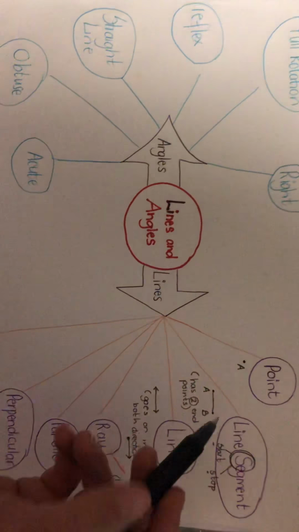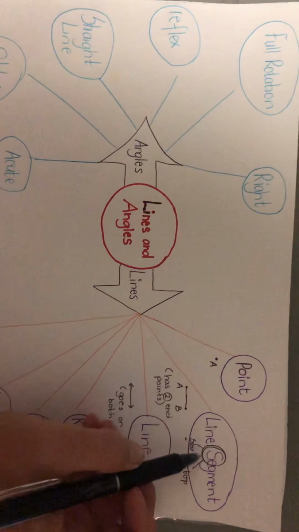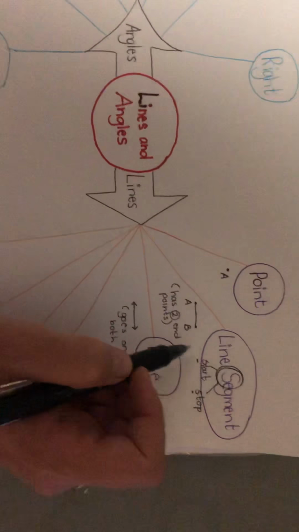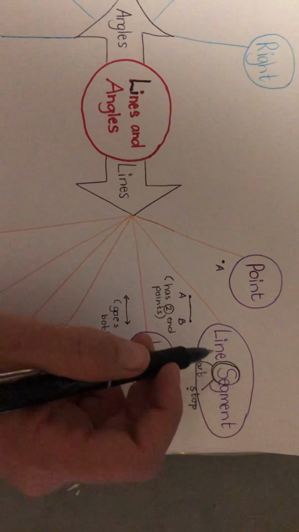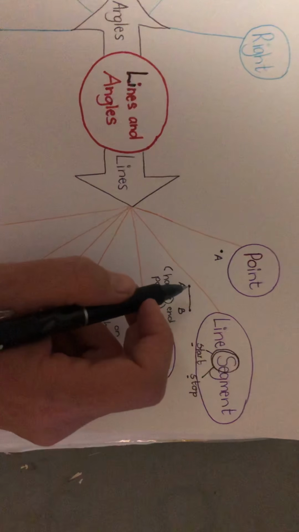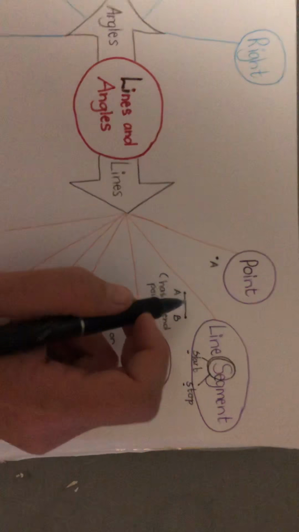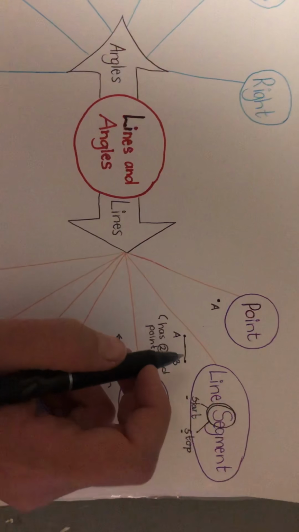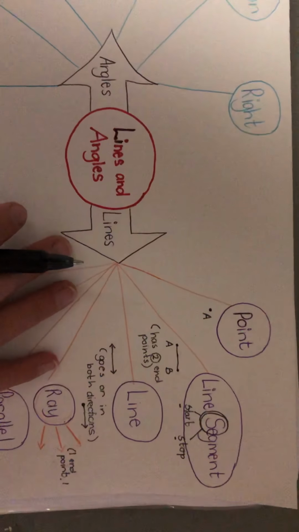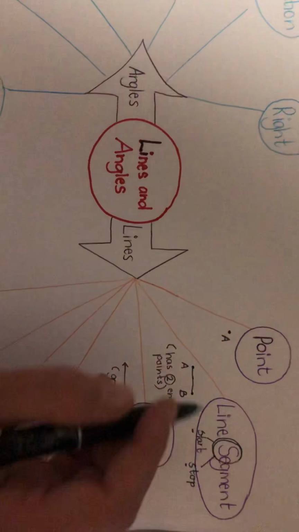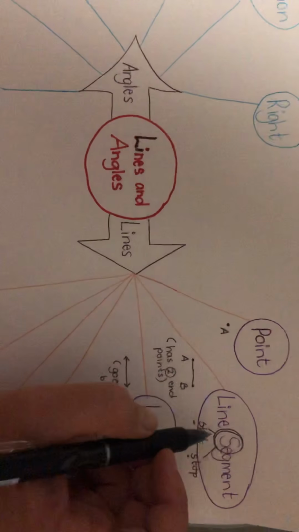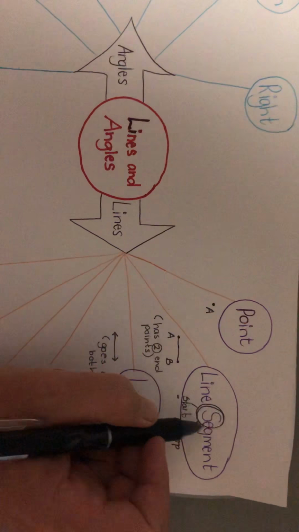We then have line segments, and I've got quite a fun way of remembering line segment. I've drawn my line for you, freehand just because I'm recording at the same time. You can make sure you do it in pencil, with your ruler, nice and neat. A line segment has a big S in it.